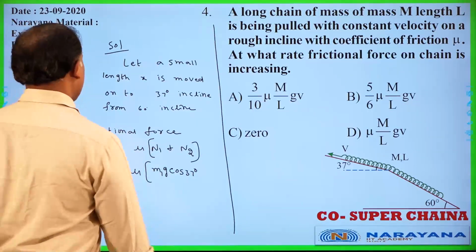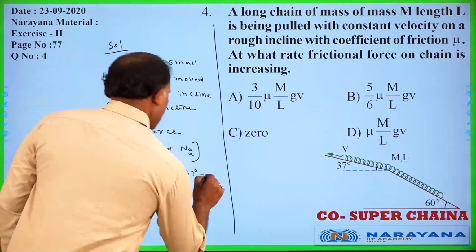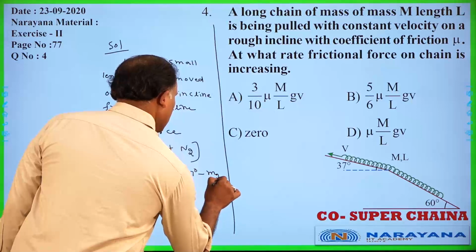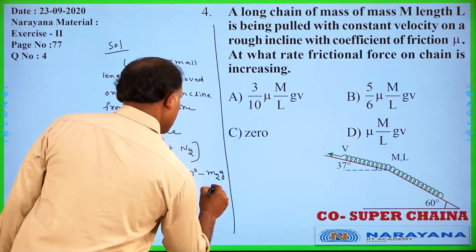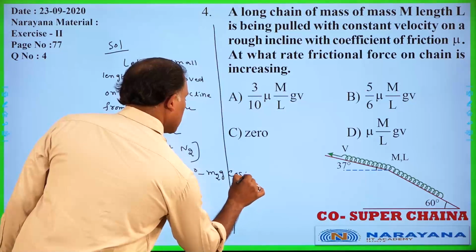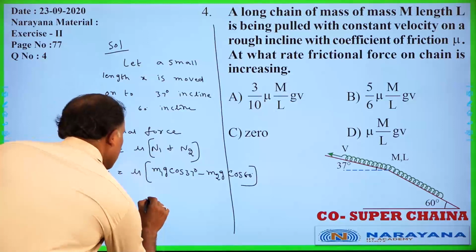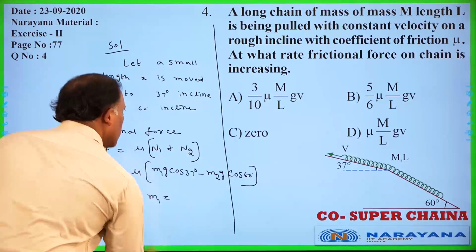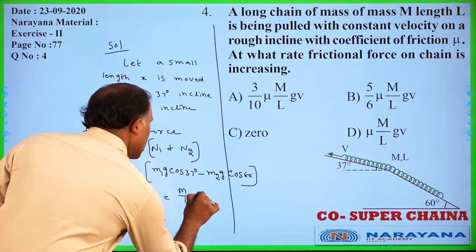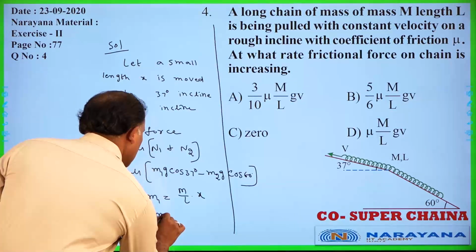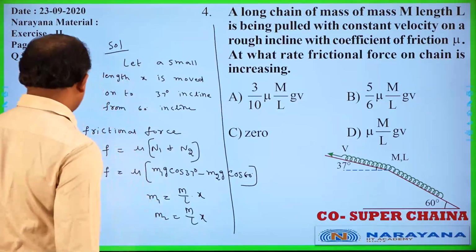m1g cos 37 minus m2g cos 60. So m1 is equal to m by L into x, m2 also m by L into x.